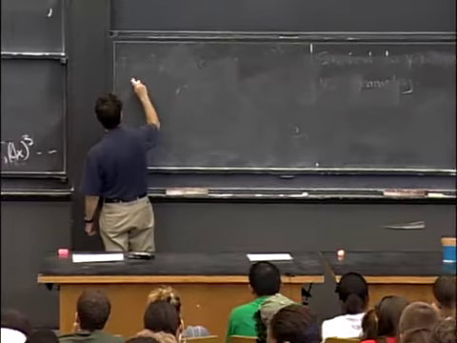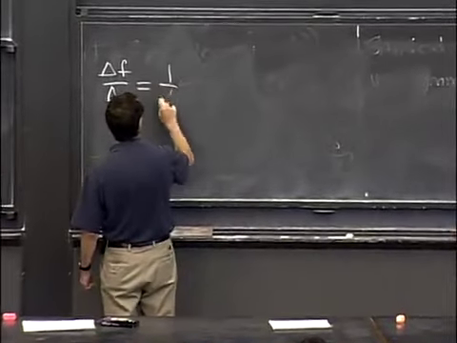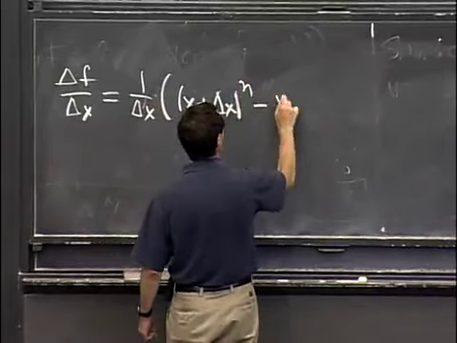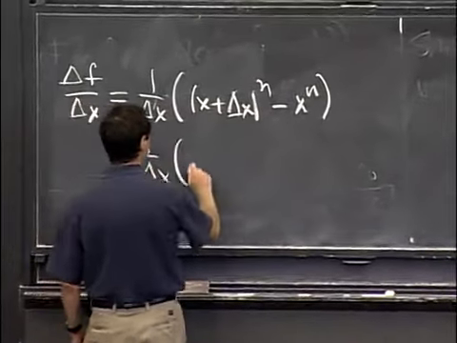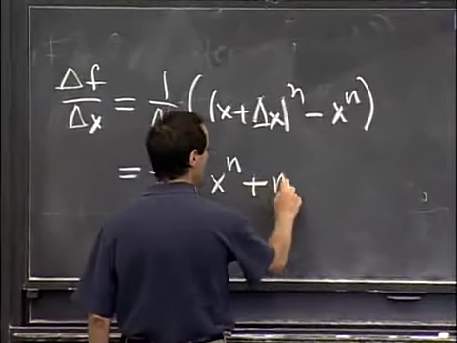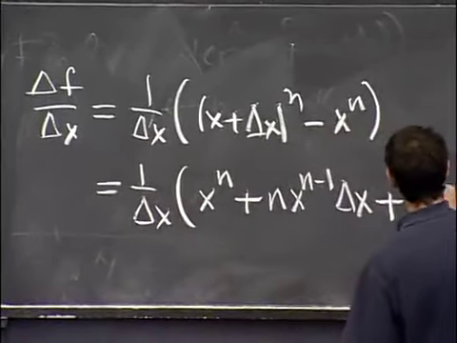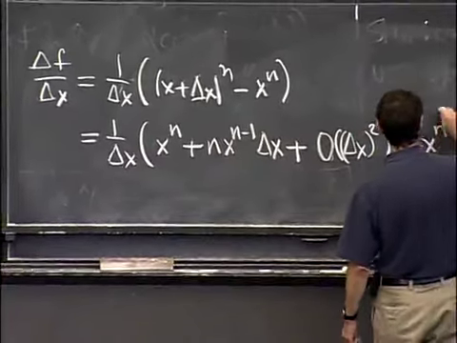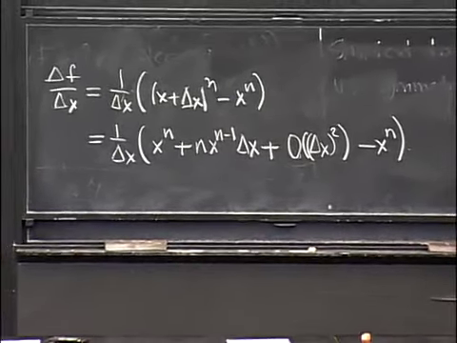We have delta f over delta x, which remember was 1 over delta x times this, which is this, times, now this is x to the n plus n x to the n minus 1 delta x, plus this junk term, minus x to the n. All right, so that's what we have so far based on our previous calculations.